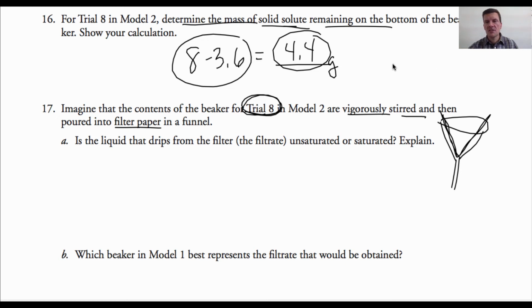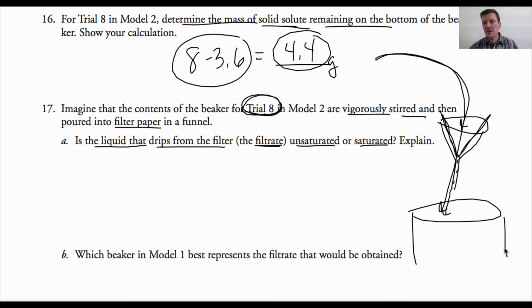If you take this solution and you pour it through our filter paper, the solution is going to drip through. The liquid that drips from the filter, that's called the filtrate, is it saturated or unsaturated? The solution is going to pour through and you're going to have collected down here in some beaker a saturated solution.